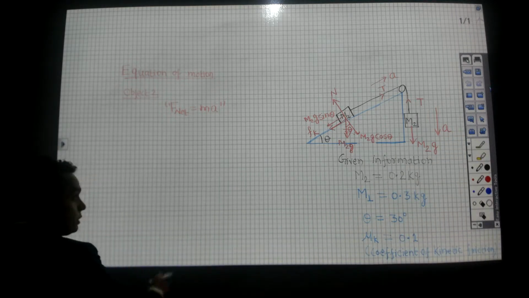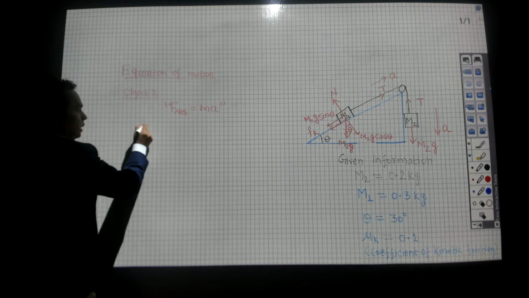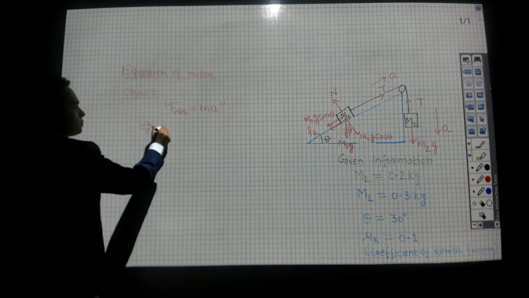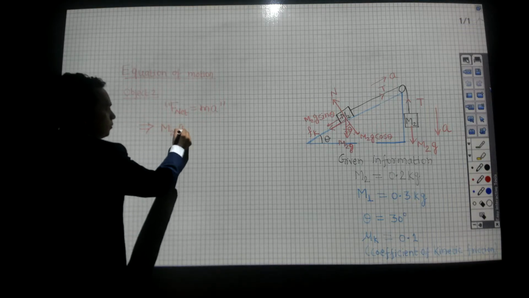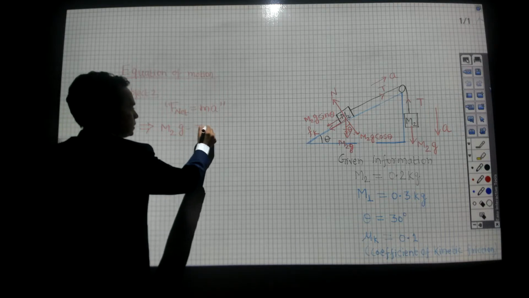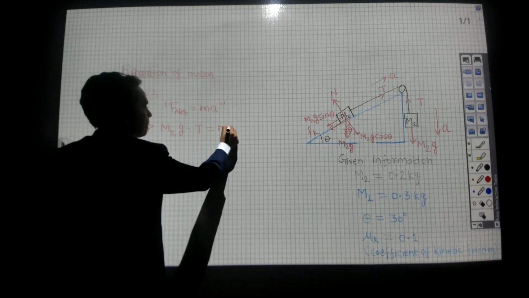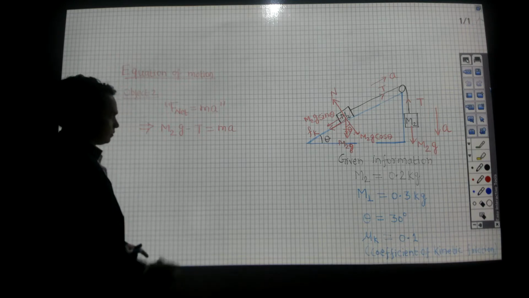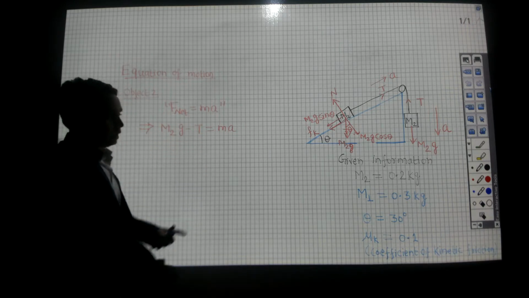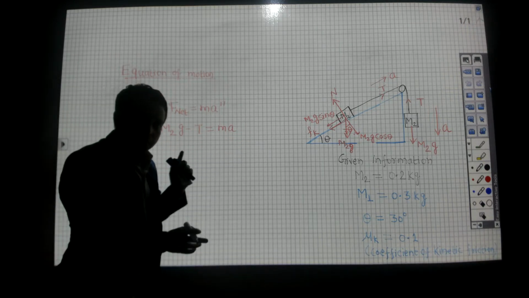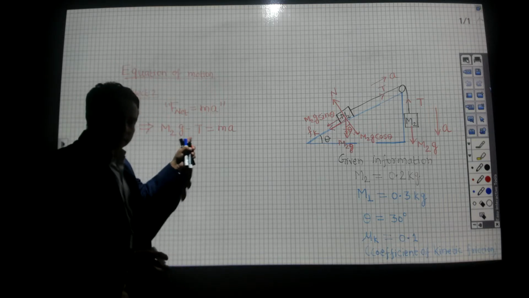So the net force is m2g minus tension, and this is equal to the mass times acceleration, m2a. The tension and the weight are in opposite directions, that's why we have the negative sign here.